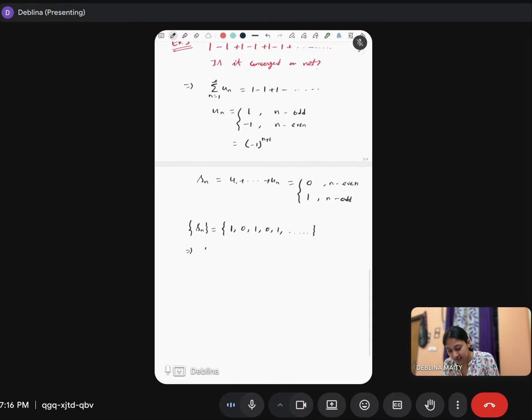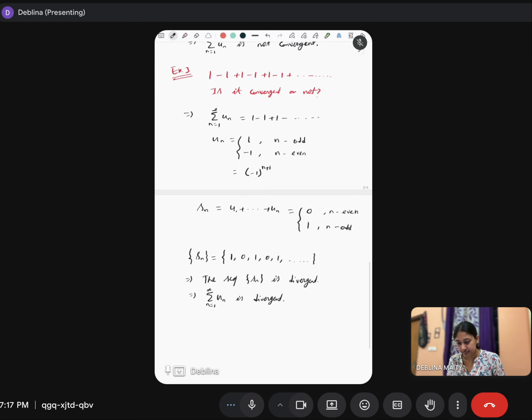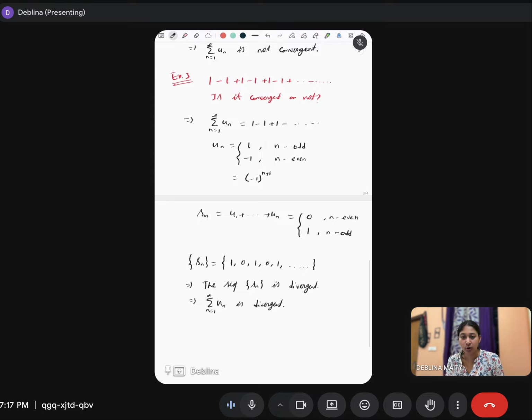So this means the sequence Sn is divergent. So this implies the summation of un, the infinite series, is divergent, right? So this series is not convergent.